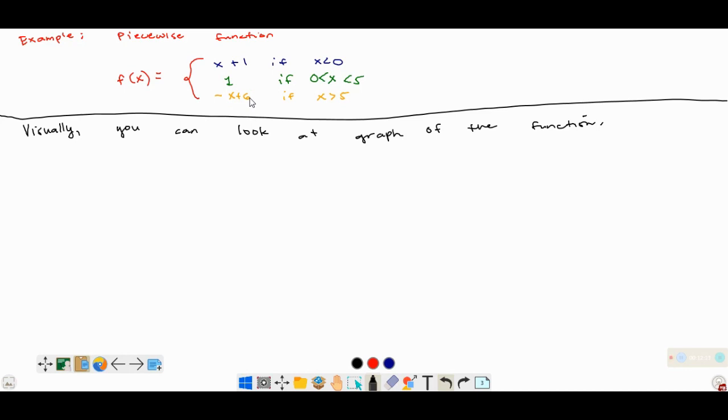Since wala tayong Desmos at nag-aaral tayo ulit ng increasing and decreasing function, we are going to graph this manually. Let me just draw here a Cartesian plane. So this is 1. So let's look at the first equation. It is x plus 1.